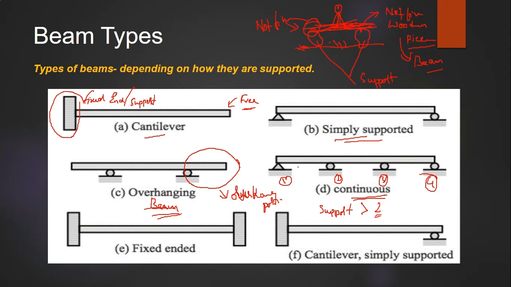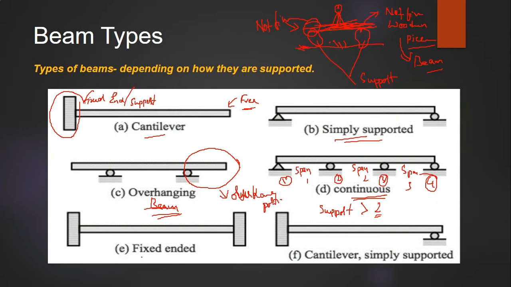This is span one, span two, span three. When a beam has more than two supports, here it is four, it can be three, it can be five, it can be ten. If a beam has more than two supports, it is called a continuous beam.